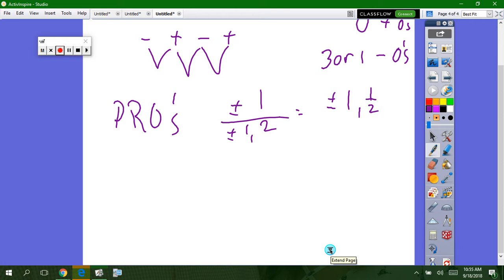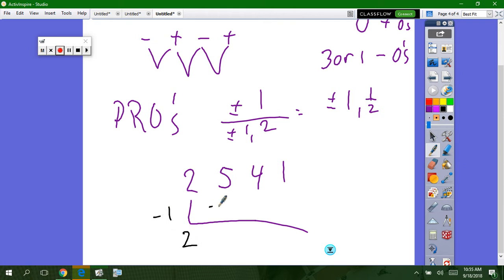Can somebody tell me my constant? I mean, not my constant, my coefficients. It was 2. Okay. Bryn, which one do you want to choose? -1 or -1/2? I'd choose -1 because we don't want to play with the fraction, huh? Okay, I would do -1. Here we go. 2, -1.